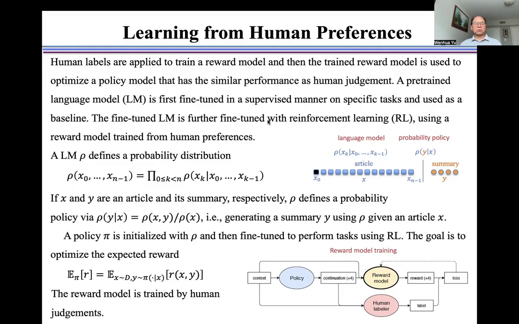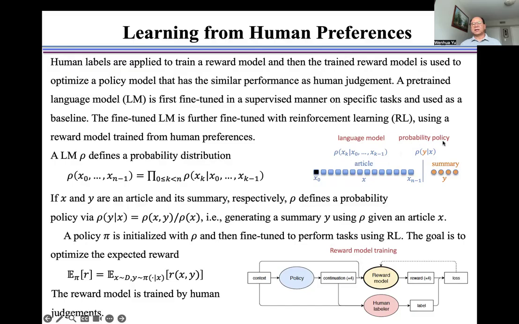A language model defines a probability distribution as shown here and explained in this figure. This language model, given x0 to x(k-1), predicts the probability of xk.